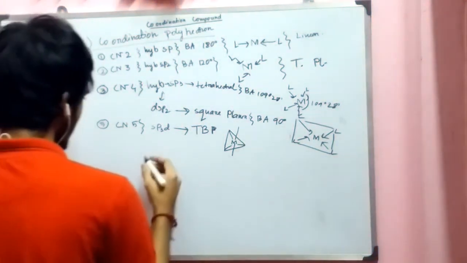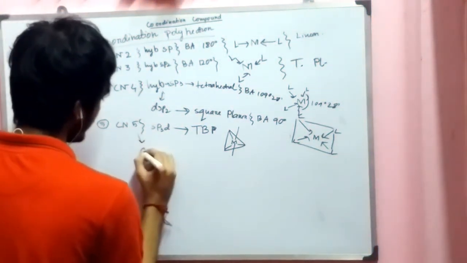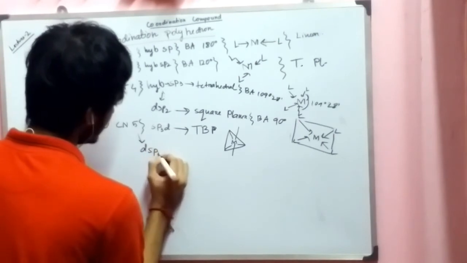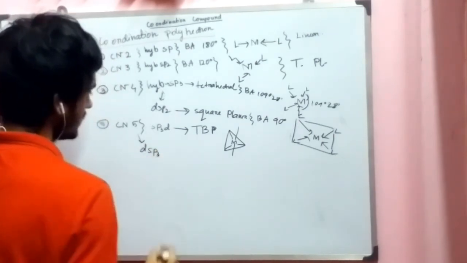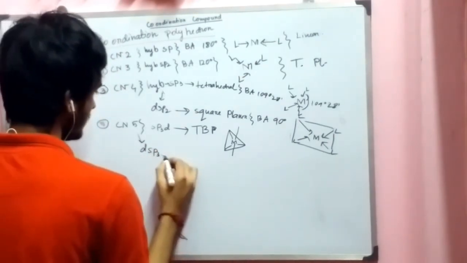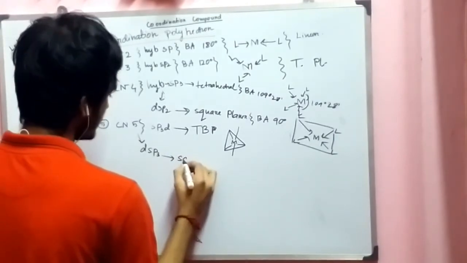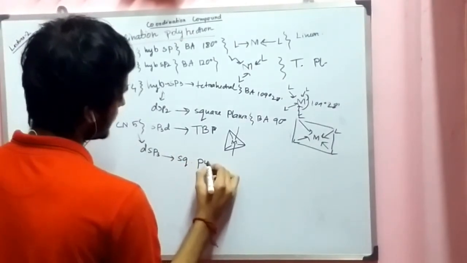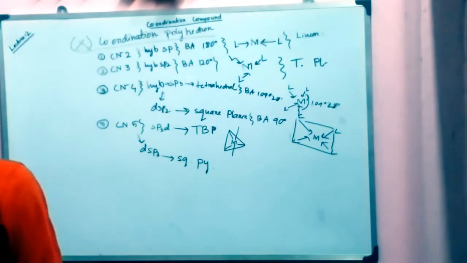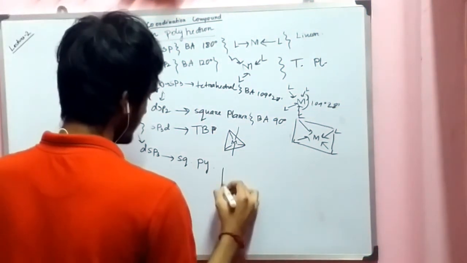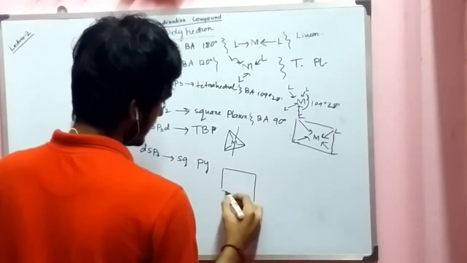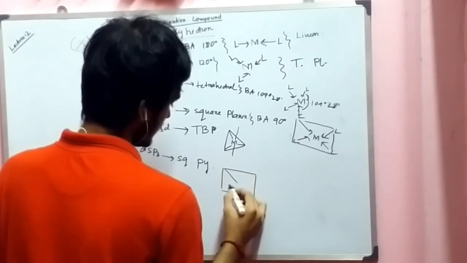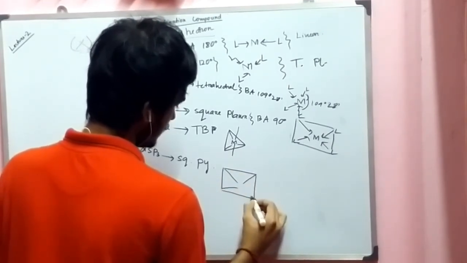And another is dsp3, and it is known as square pyramidal. Thus you know the square pyramidal shape also. The square pyramidal shape is 1 2 3 4.